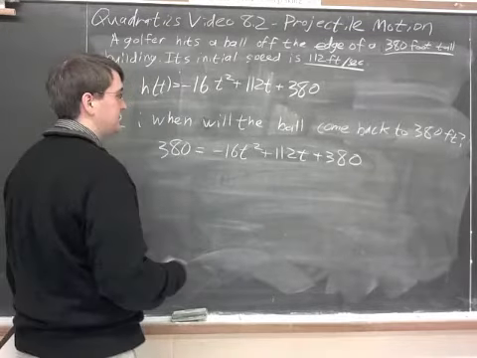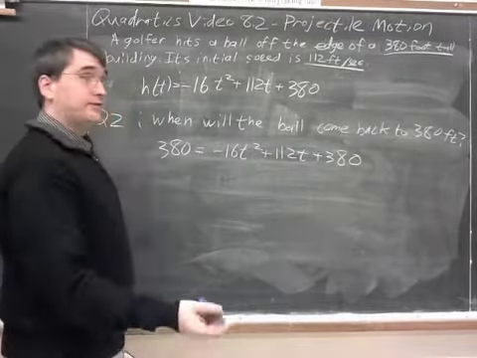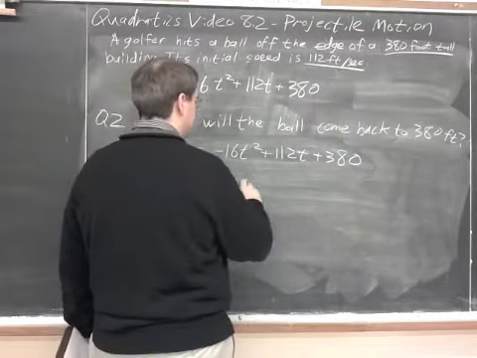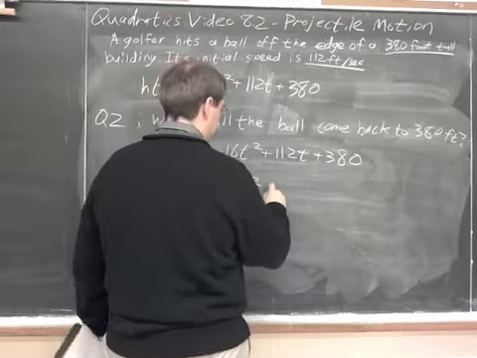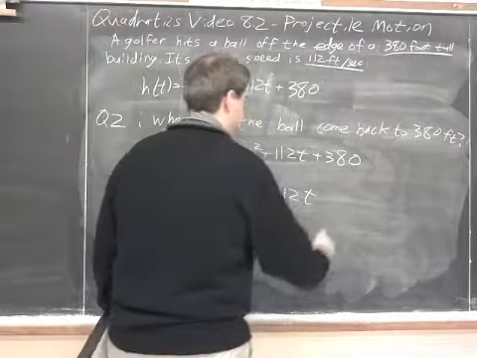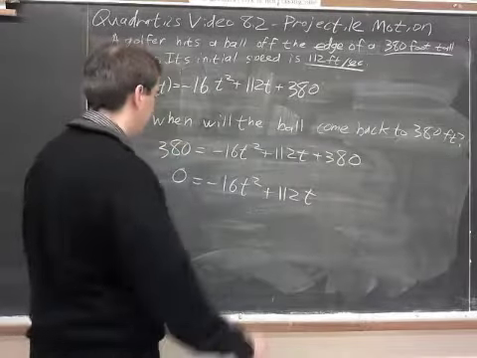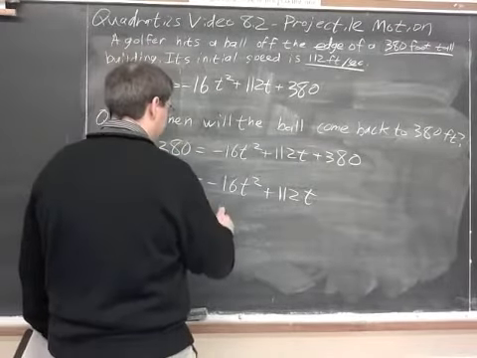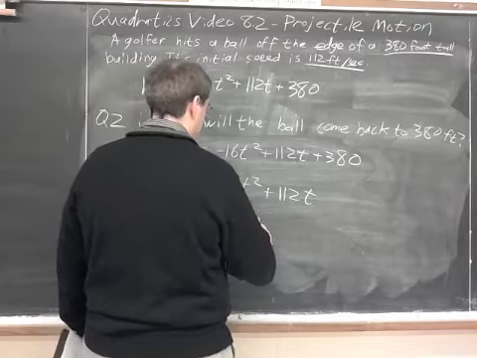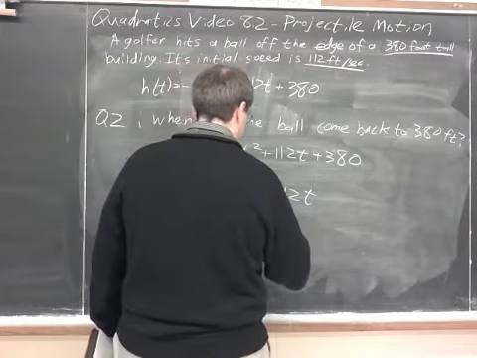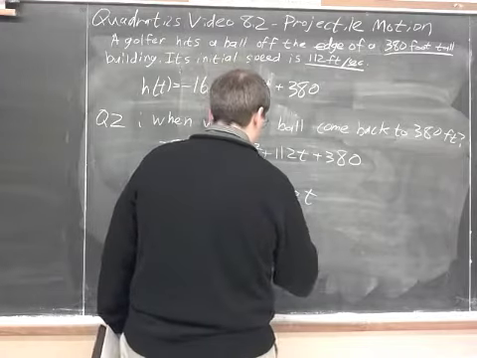In this case, as in any case, I solve for 0. Subtract 380 from both sides. I get 0 equals negative 16t squared plus 112t. 380 minus 380, they cancel each other out. Factoring now, negative 4t times 4t minus 28.